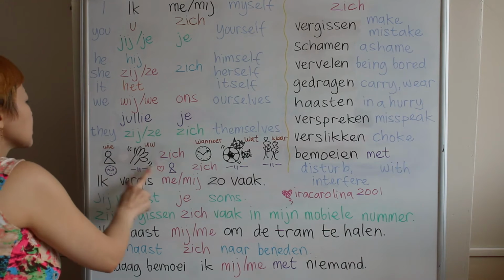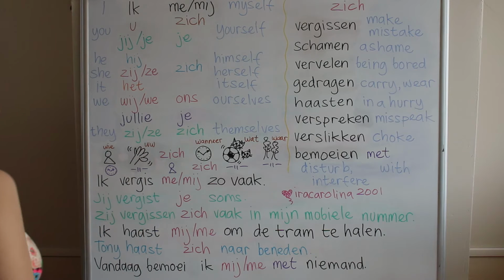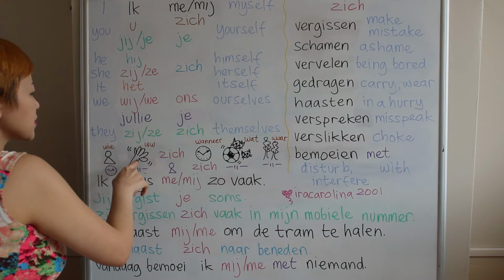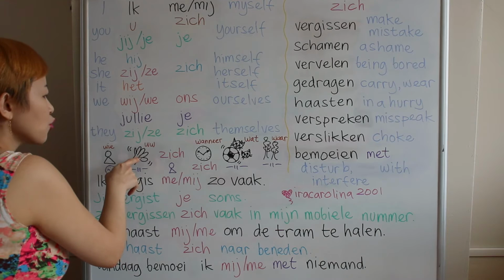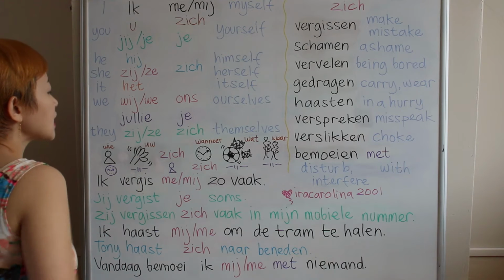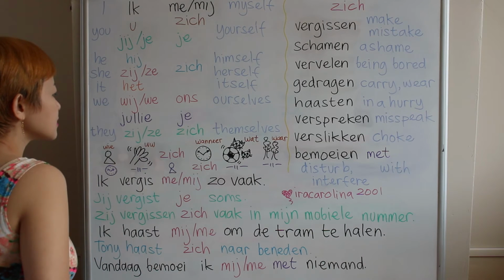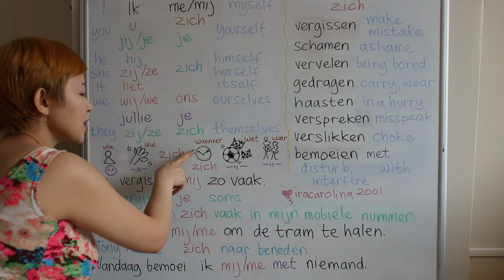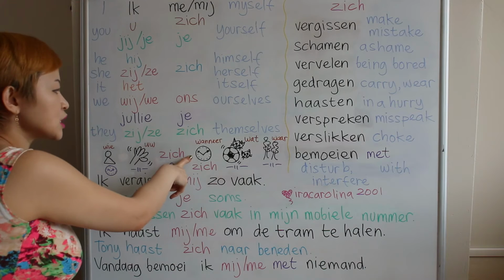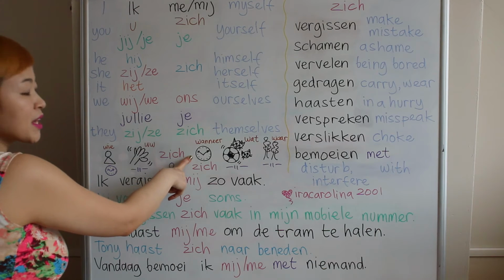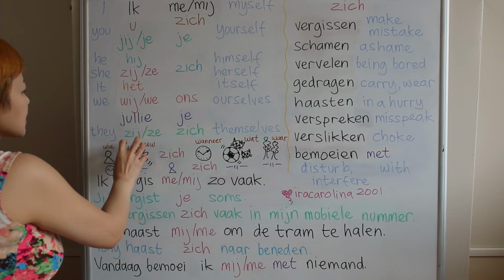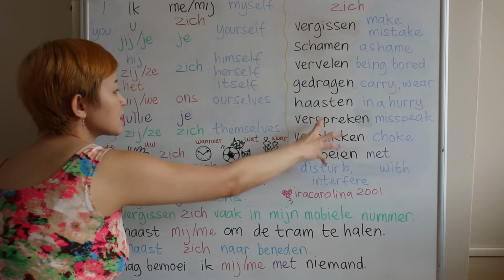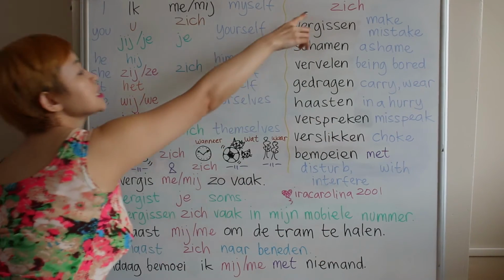I will erase this one first. Second position, verb, or in Dutch, werkwoord. The third position should be placed with zich, because this verb that we use here has to come with zich.